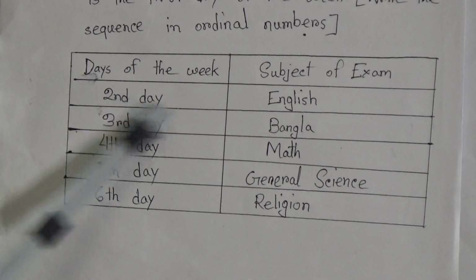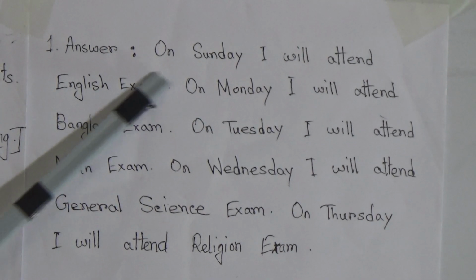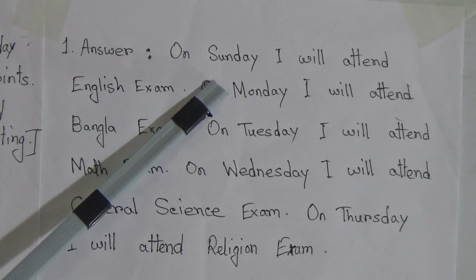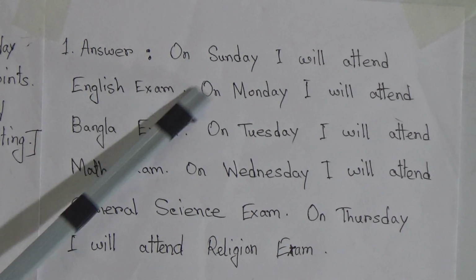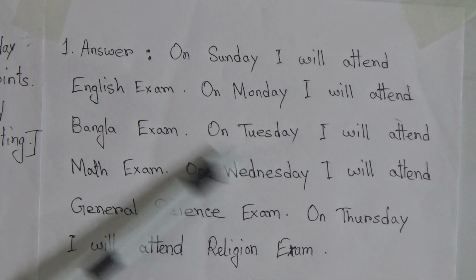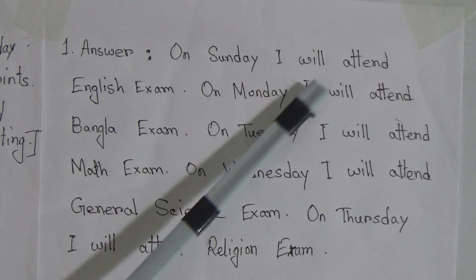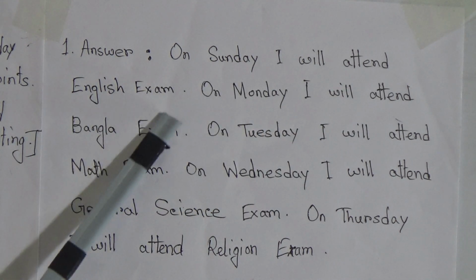Okay, so here in this page you can see the first answer. As Sunday is the second day of the week and the English exam is on Sunday, we will write: On Sunday I will attend English exam.